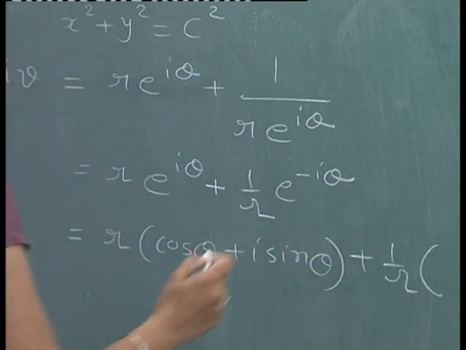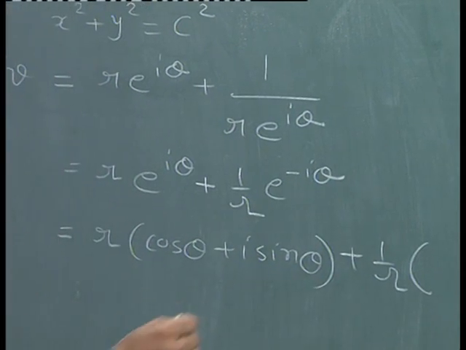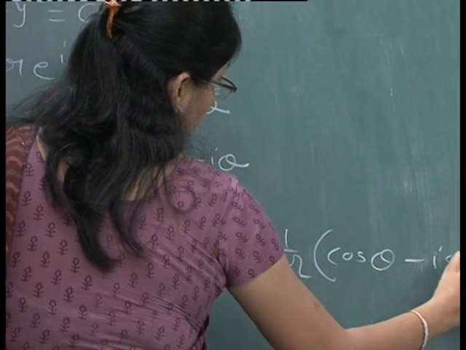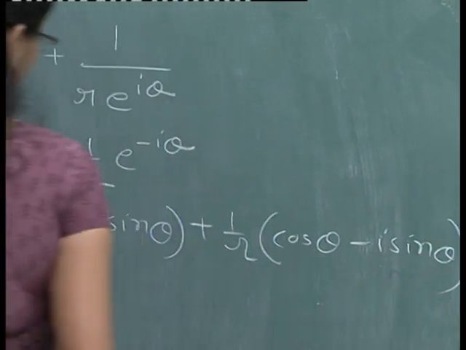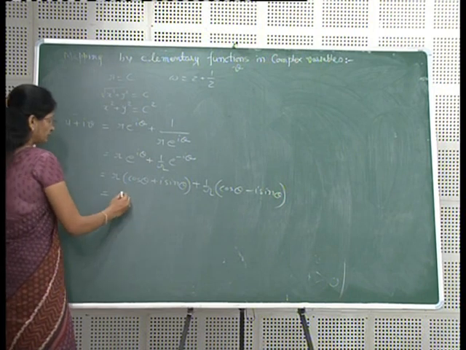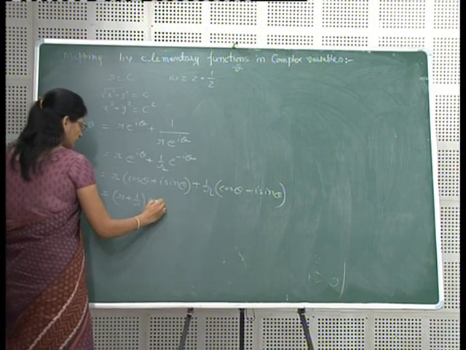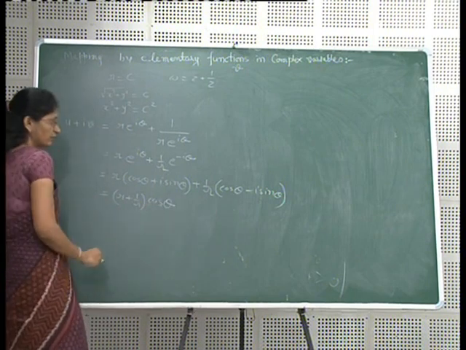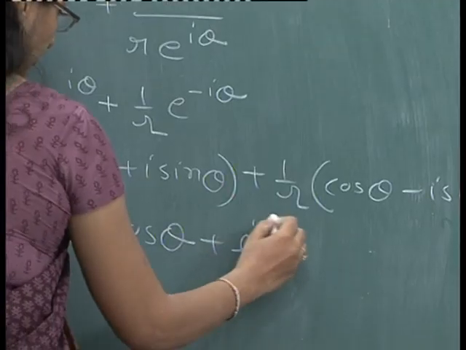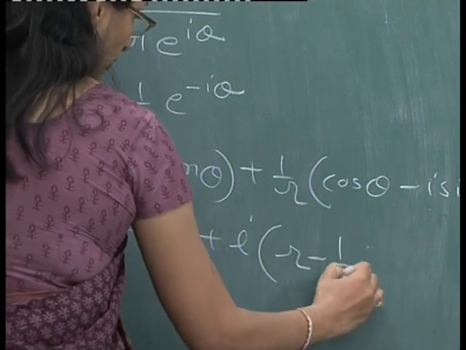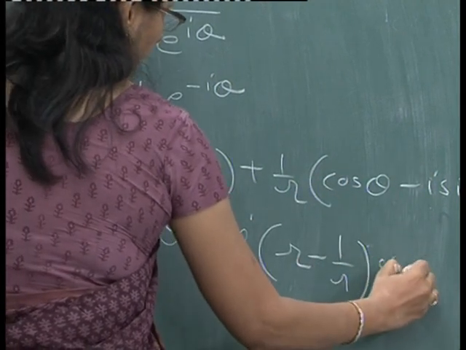Now e raised to minus i theta is cos theta minus i sin theta. And so here the real part is (r plus 1 upon r) into cos theta, and the imaginary part is i times (r minus 1 upon r) sin theta.